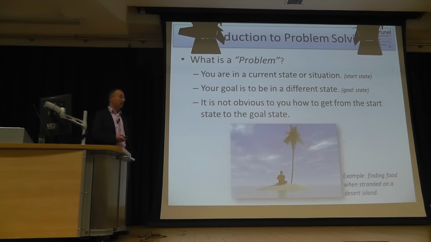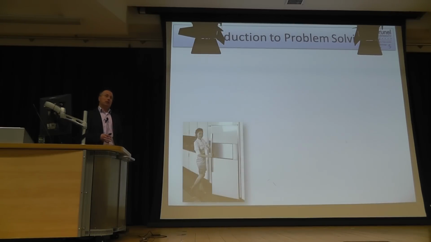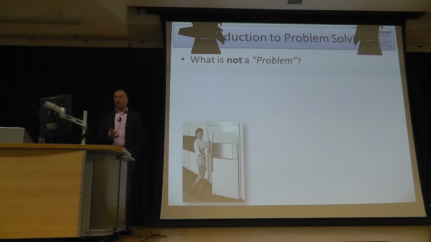So as an example, if you're stranded on a desert island, finding food, providing shelter, things like that, this usually poses problems, as we know from many books and movies. So to delineate that a little bit better, let's have a look at what is not a problem usually.